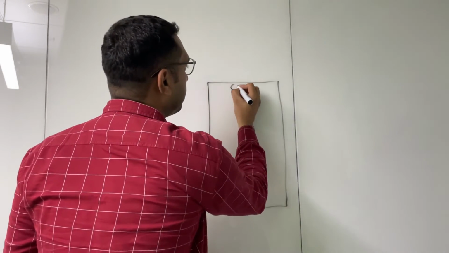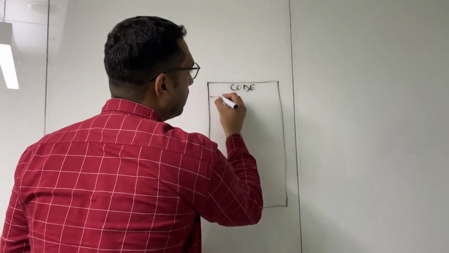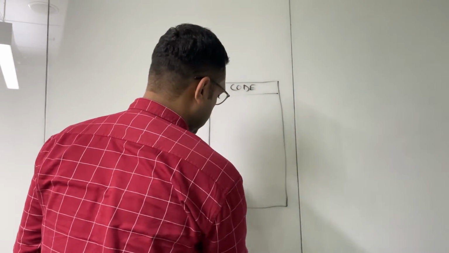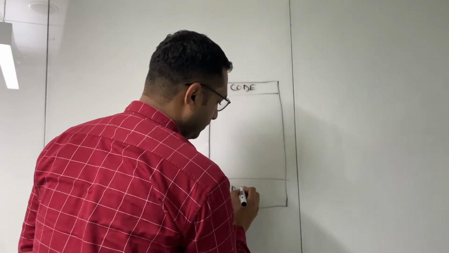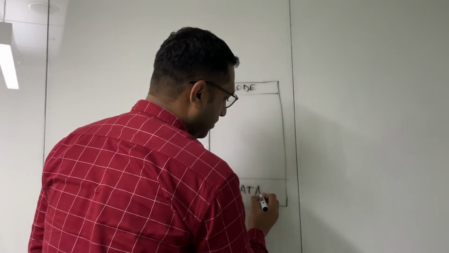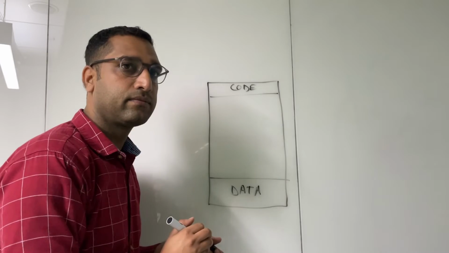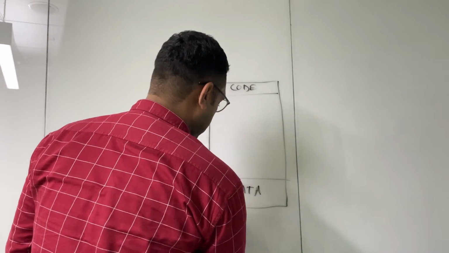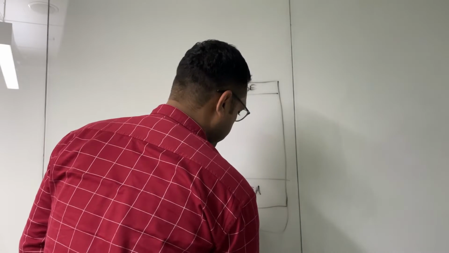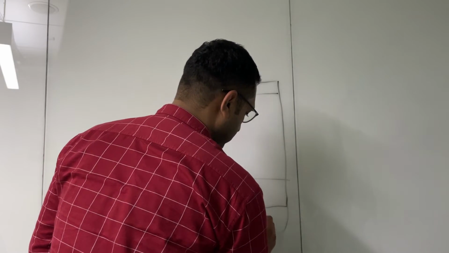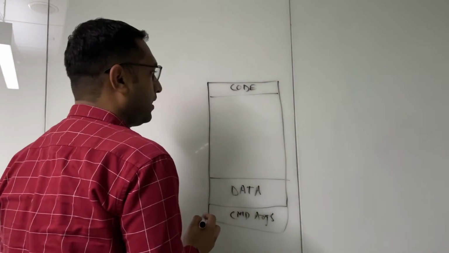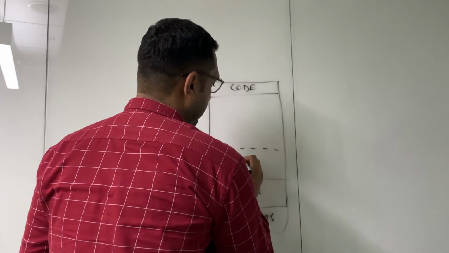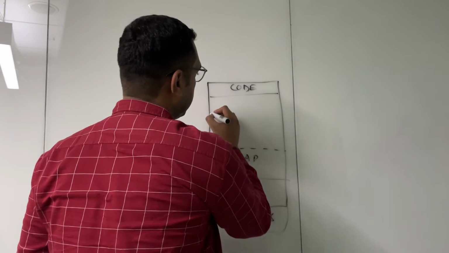It keeps the code somewhere, it keeps data someplace, and command line arguments. And there is a heap, and there is a stack. These are the major ones.